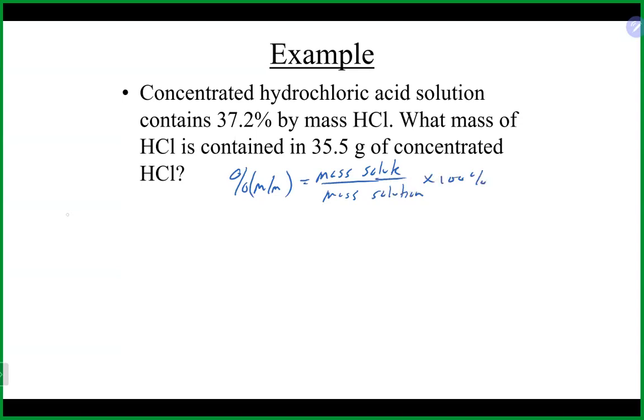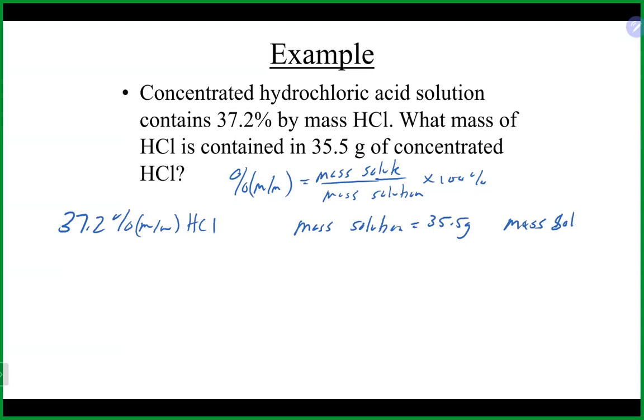We are given our 37.2% by mass of HCl. We also are given the mass of our solution, which is 35.5 grams, and we are looking for the mass of the solute.